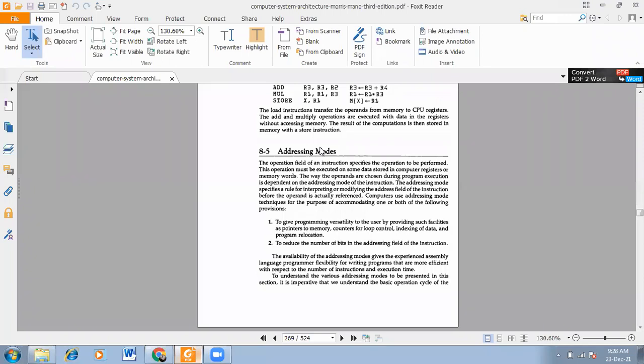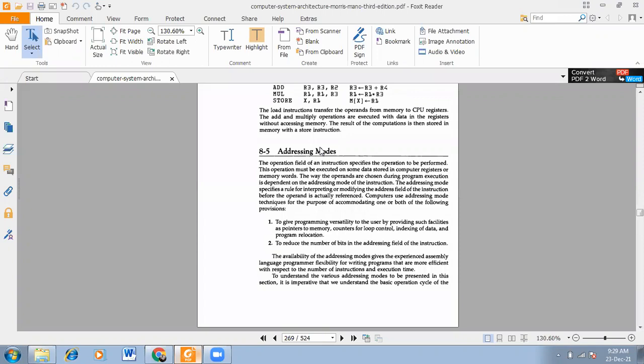This is most important because in direct addressing, you can send the data directly to a particular memory location. When it is indirect, you are sending the data in an indirect way. That means the given value is the address of the data.